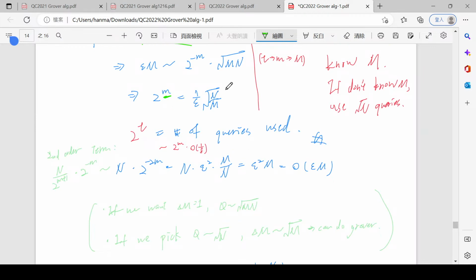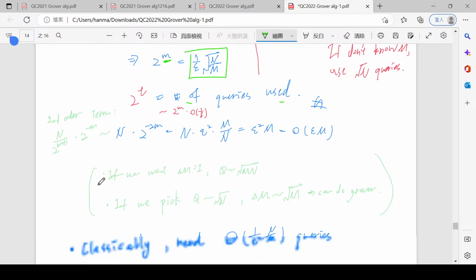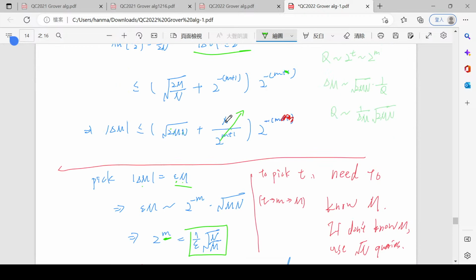And if we ignore this delta term, then the number of queries is this 2 to the m, and it's this 1 over epsilon times square root of n over m. And then we go back to justify that we can ignore this term.